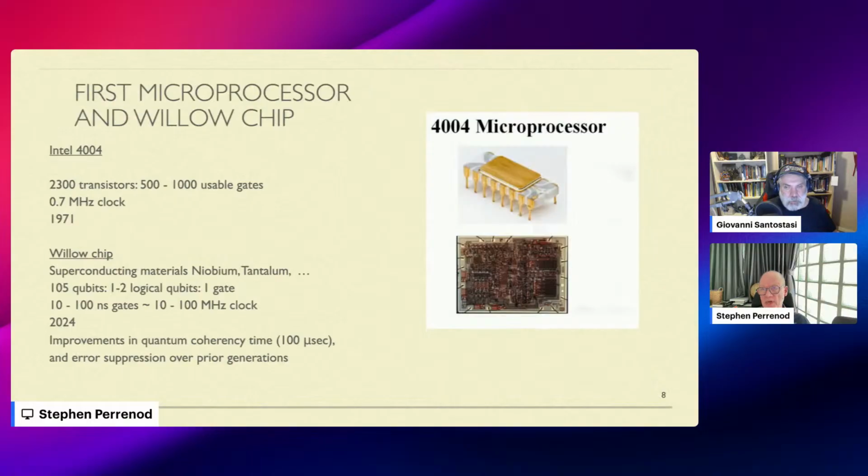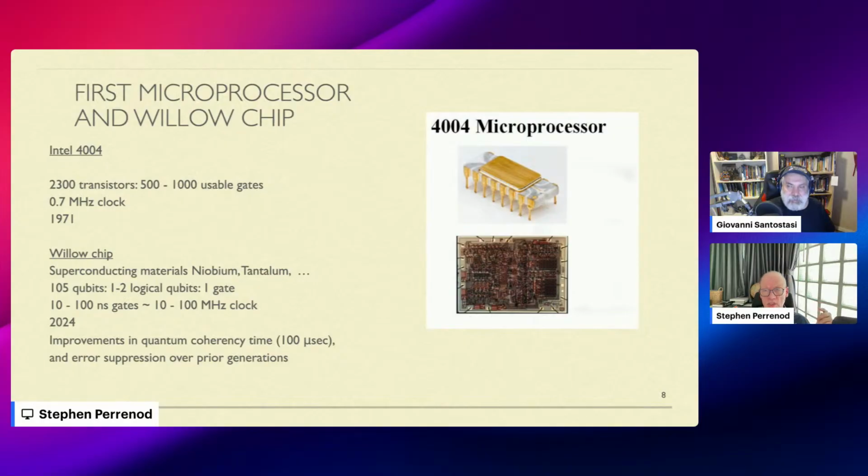Now, here's a comparison between the first microprocessor, the Intel 4004, which came out in 1971, and the Google announcement of their Willow chip this past week. The Intel had 2,300 transistors and from 500 to 1,000 usable gates. And remember, that's where we want to get to. We want to get to 1,000 usable logic gates for quantum computing. We're nowhere near that.